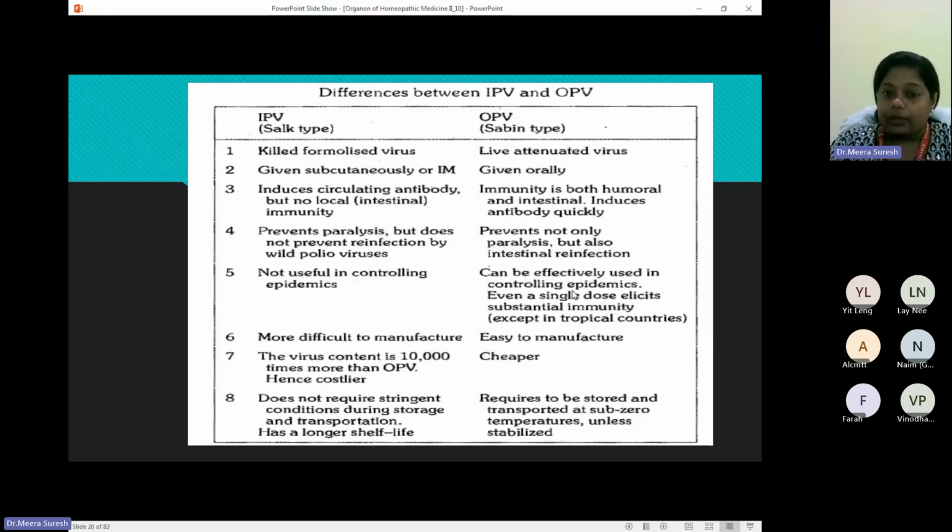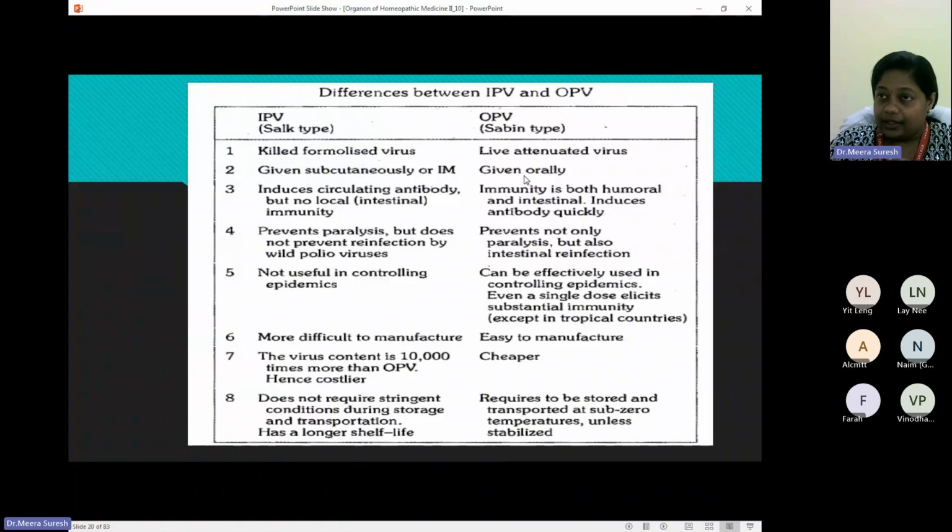But then the problem with OPV is that they used type 1, type 2, and type 3 viruses to produce this. Later they started witnessing that in some of the people who take the polio vaccine, the type 2 variety used in this OPV vaccine can mutate.